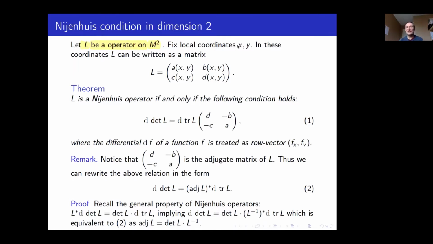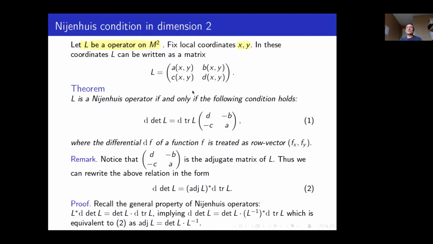I fix some local coordinates x and y, and then my operator becomes just a 2 by 2 matrix with 4 functions A, B, C, and D. If my operator is just an arbitrary operator, not necessarily Nijenhuis, then these 4 functions A, B, C, and D are just arbitrary smooth functions, no restrictions.